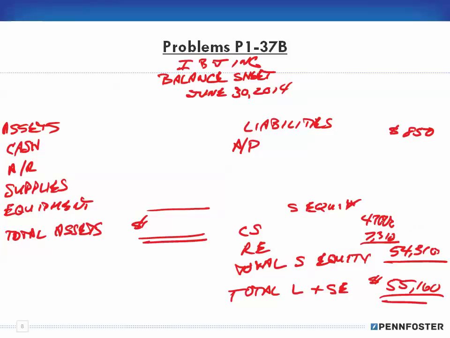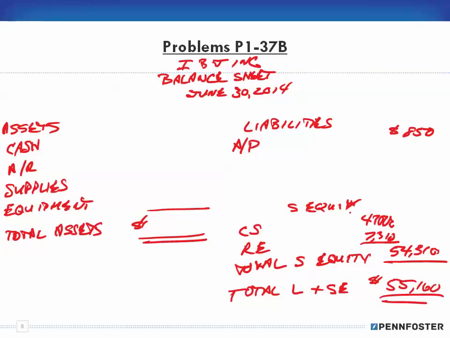This is probably the more appropriate way to do it, right? Why? Because we're following this idea that if we have more than one number that we're adding together to do a mathematical calculation, we go one column to the left and put the solution to the right. So when we're looking at this, it becomes much easier to see that I have my total liabilities, the 850, plus my total stockholders' equity of 54,310, which adds up to 55,160.